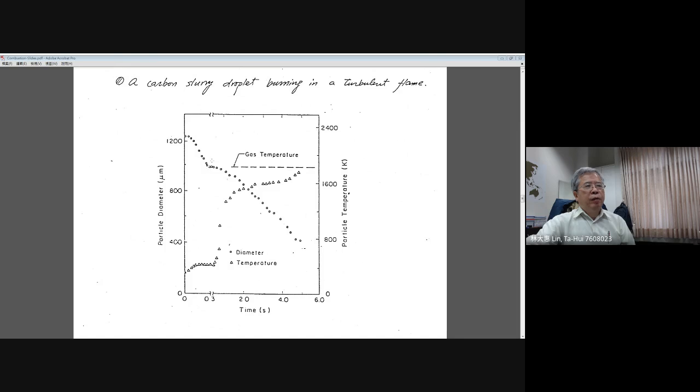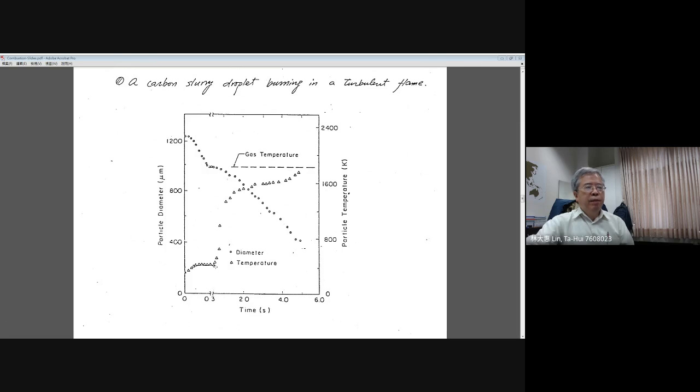But there is a broken point in the time scale, a short period, about 3 seconds. I'm sorry, this is a very short period, and then they jump to the other combustion mechanism.